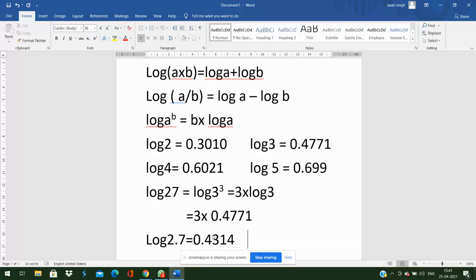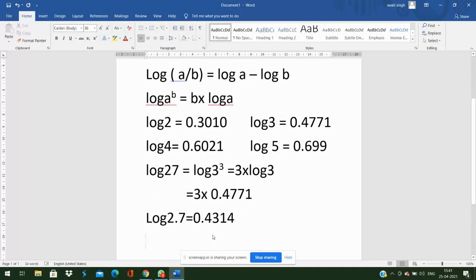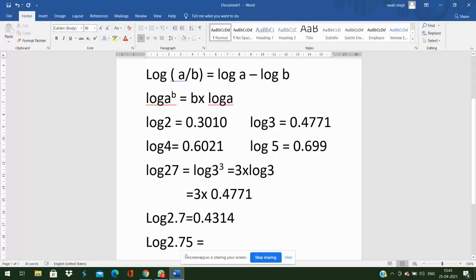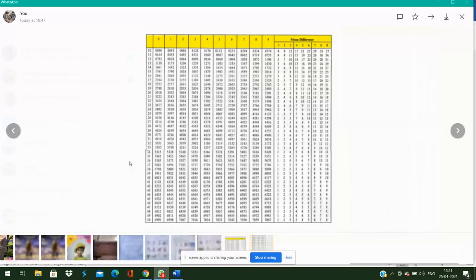If three digits are given, suppose I increase one more digit, like log 2.75 is given. So now how to observe its value? Again, I'll move towards the log table. Here it was given 2.75, that means on this side 27 and the third digit is 5.